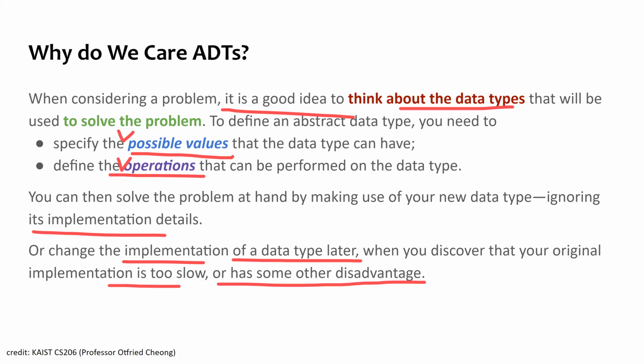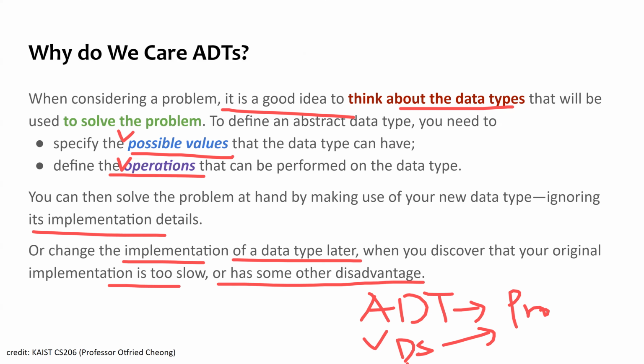However, let's say we have a bigger problem here, and you defined an ADT to solve this problem. However, one day, you just figured out that you have a problem with this data structure you used to solve this problem. If that is the case, you can just change this part, data structure implementation.